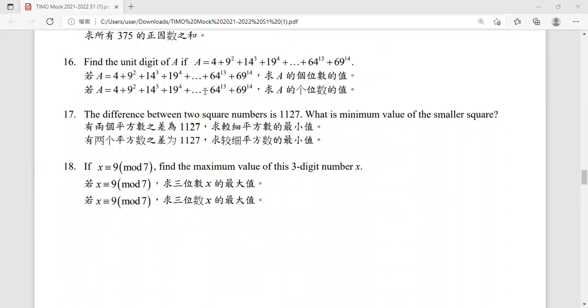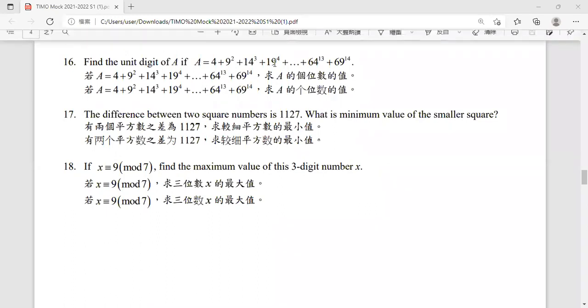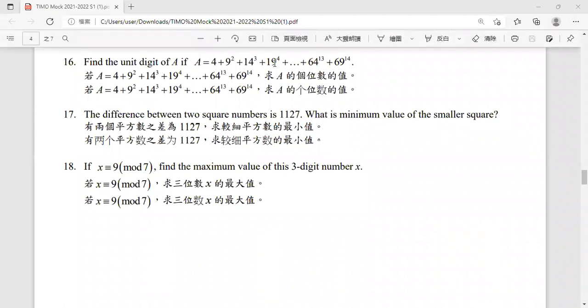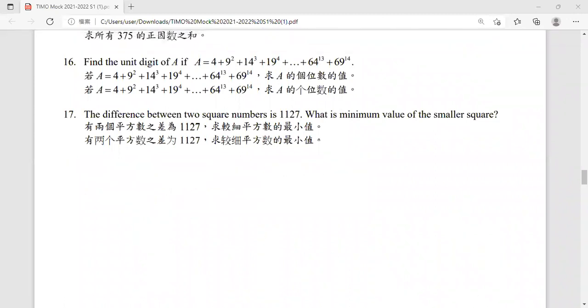Next one, 17. The difference between two square numbers is 1,127. What is the minimum value of the small square? Now let's see. Some of you have given me the answer, but I will go for it. I have a P and a Q. So let's see.